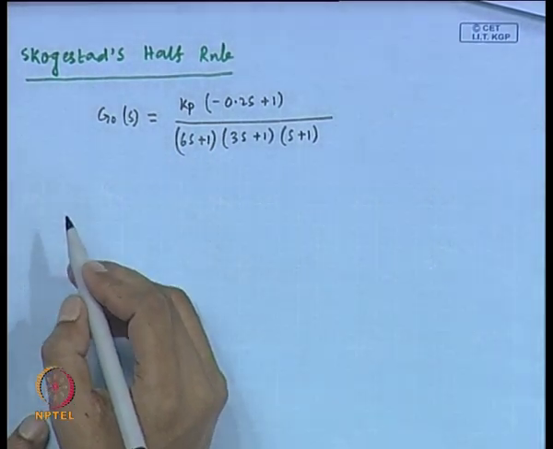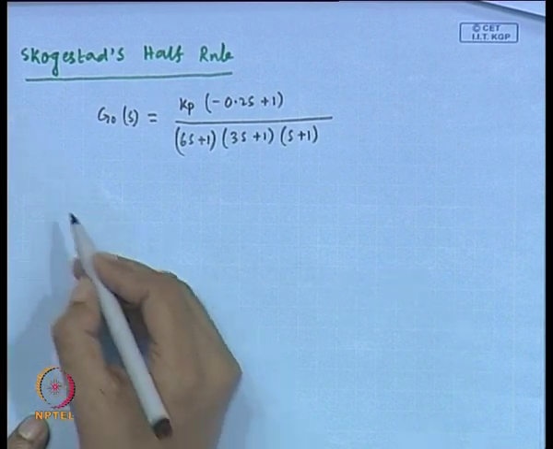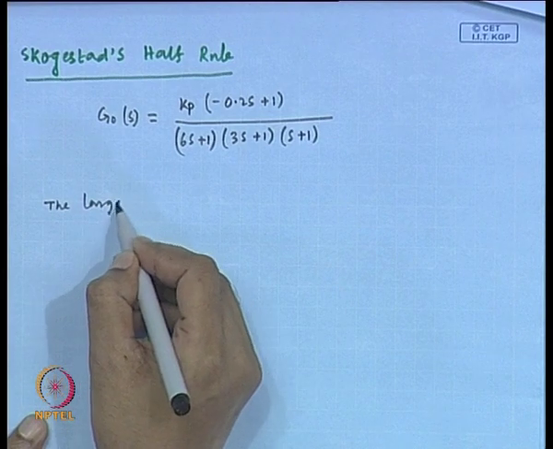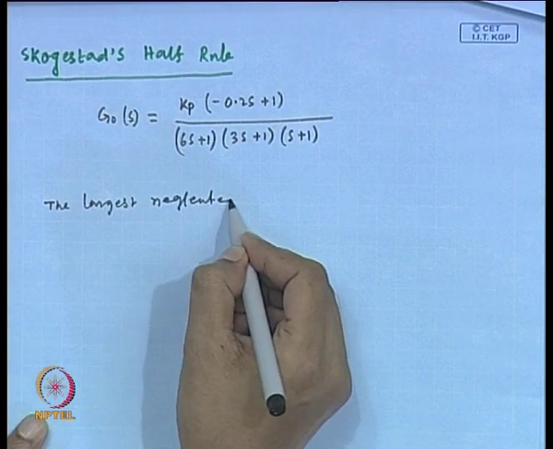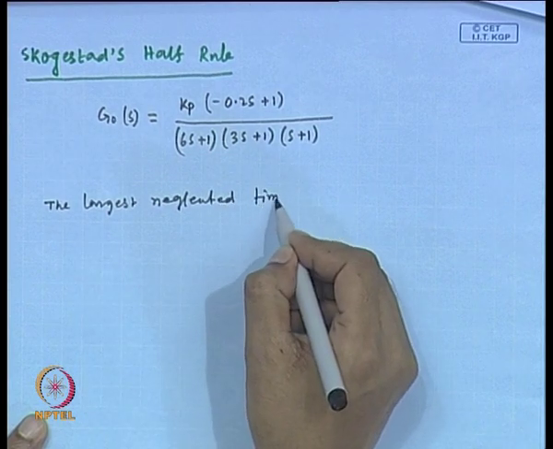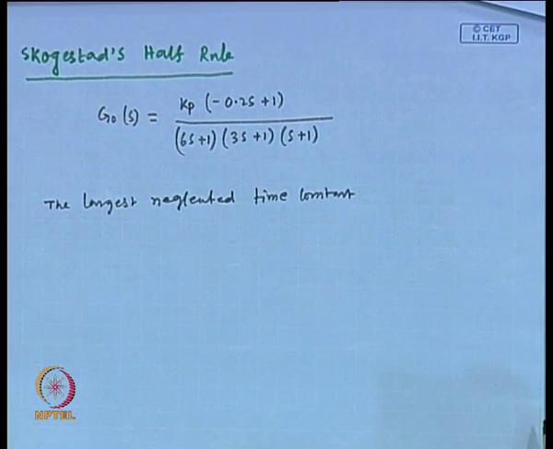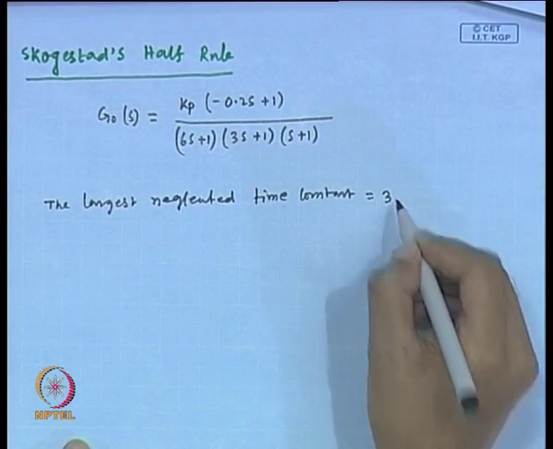So, what is the largest neglected time constant? The largest neglected time constant considered in the Taylor method is equal to 3.